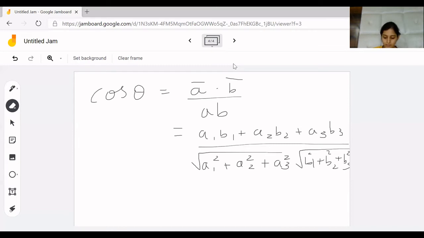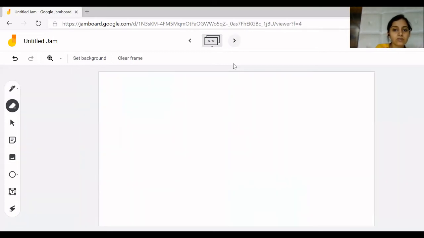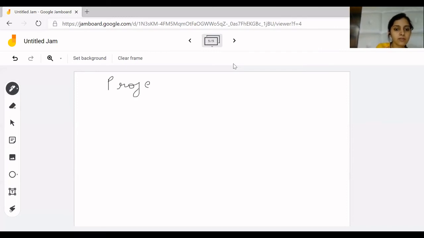Now projections. If A bar and B bar are two vectors represented by OA and OB, let us go to the next thing, projections. What do we mean by projections?